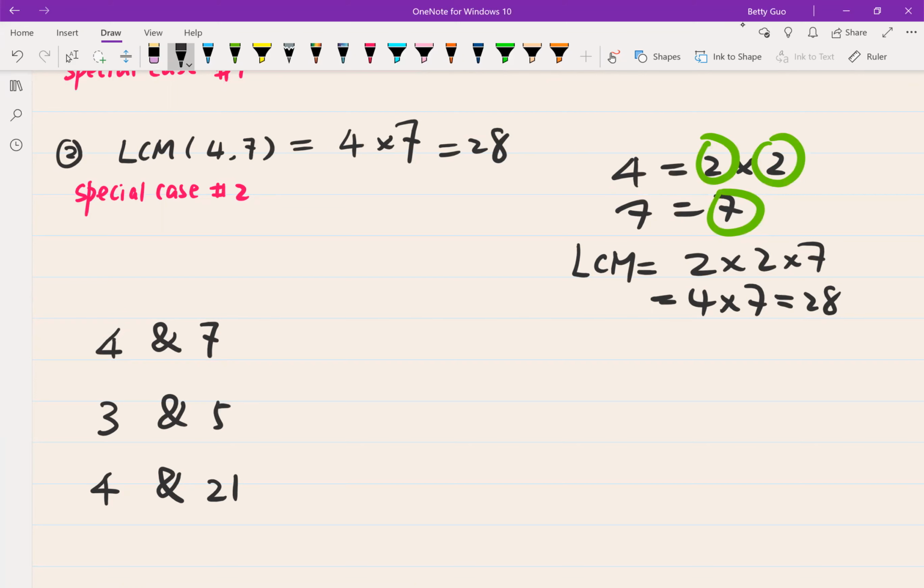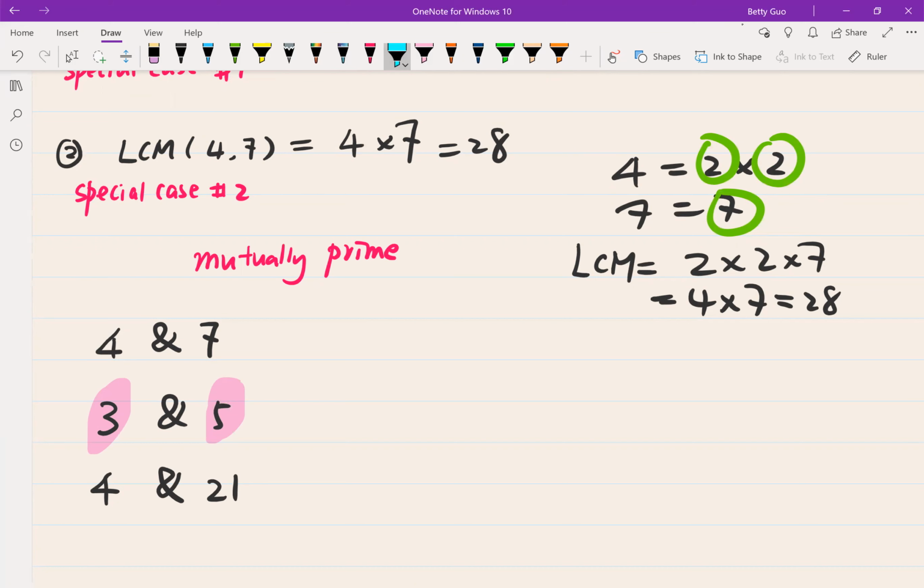I want to explain mutually prime a little bit more. Two numbers being mutually prime doesn't mean both of the numbers have to be prime. If two numbers are both prime, like 3 and 5, then of course they are mutually prime, right? In this case, GCF is 1, LCM is their product, 3 times 5, 15.